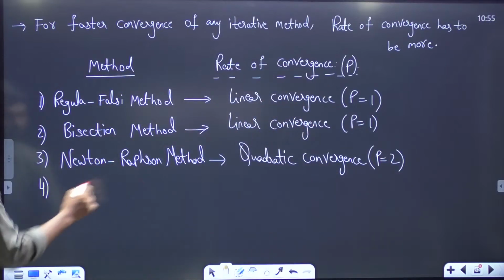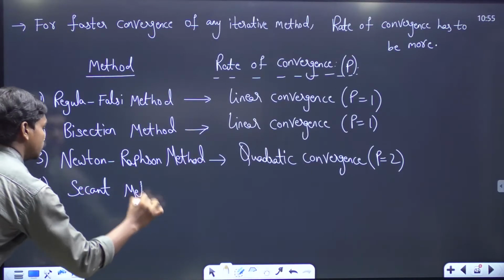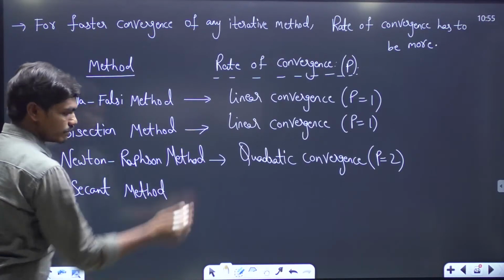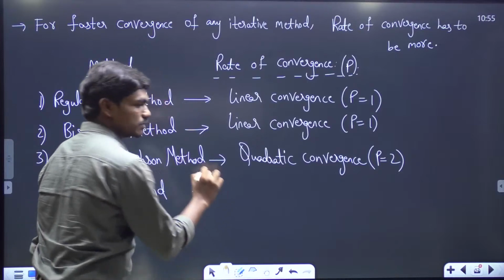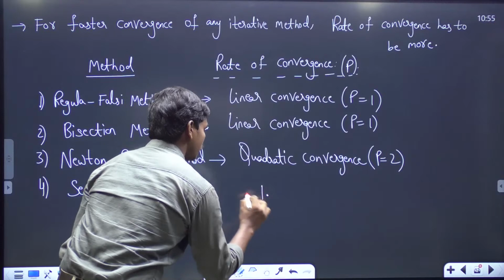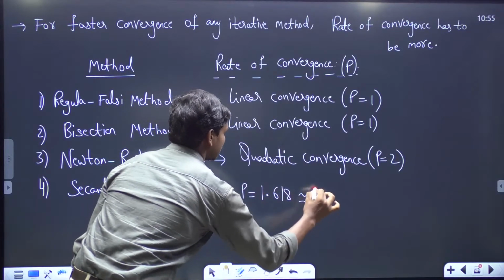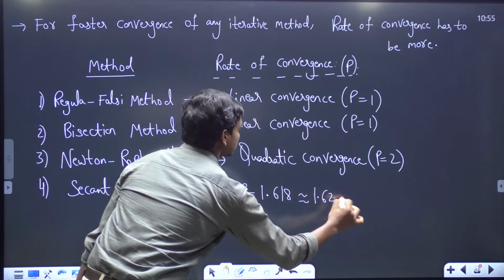Fourth, if you go for the secant method, for which we have derived this iterative formula using the Newton-Raphson method, then the convergence is 1.618, or you can write P is equal to 1.618, which is approximately equal to 1.62.